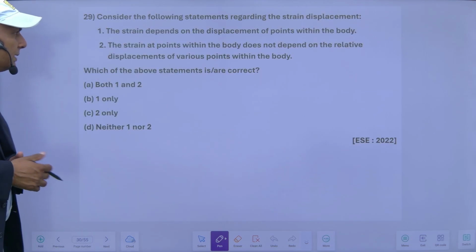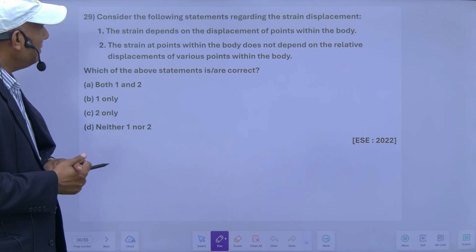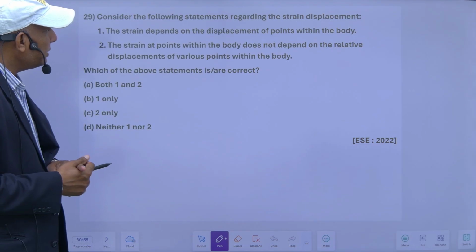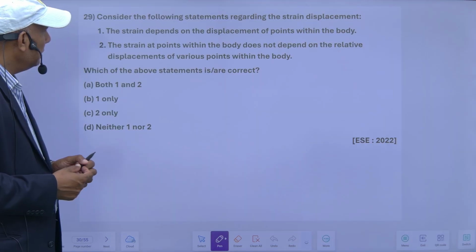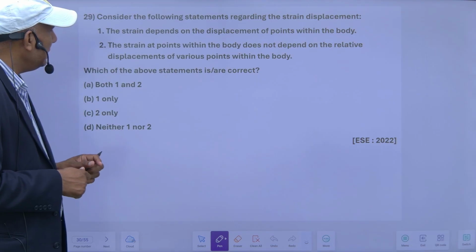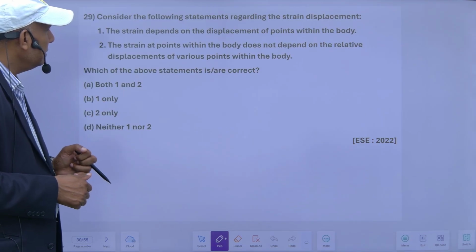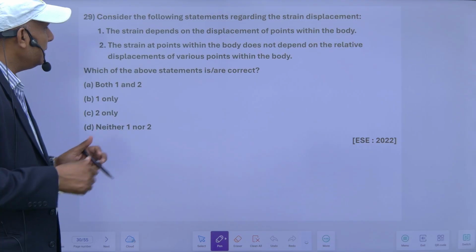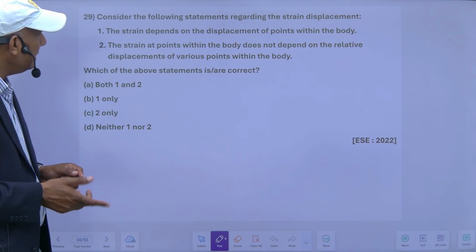Consider the following statement regarding the strain displacement. The strain developed depends on the displacement of points within the body. Yes. The strain at points within the body does not depend on the relative displacement of various points within the body. This is not correct because there is a relative displacement, and because of the relative displacement there is a strain.